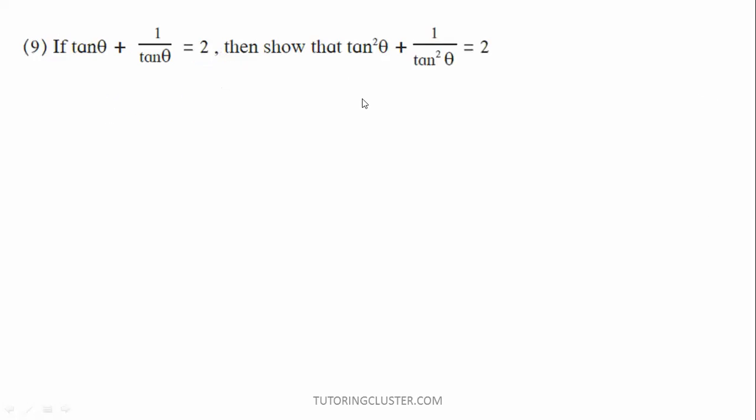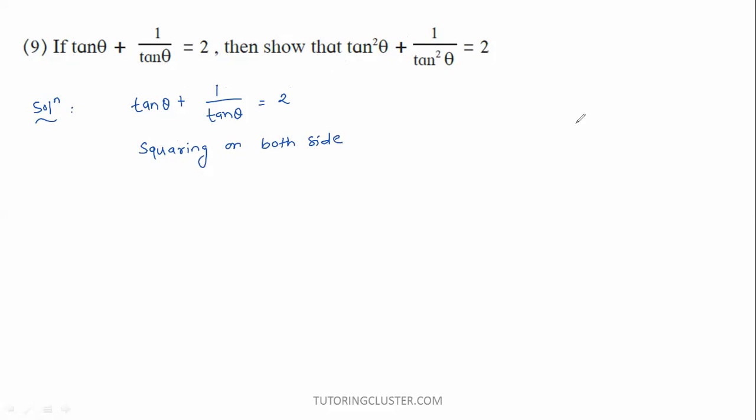Now, important example: if tan theta plus 1 upon tan theta is equal to 2, you have to prove this. Now, see here. What is given? Tan theta plus 1 upon tan theta is equal to 2. Do the squaring on both sides. What you are going to get?